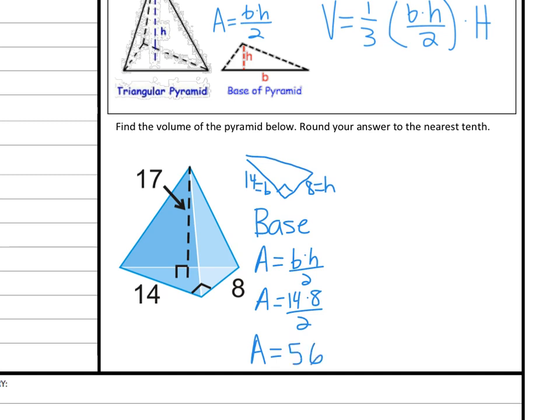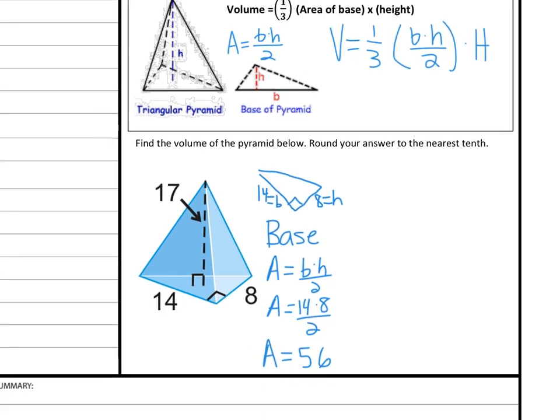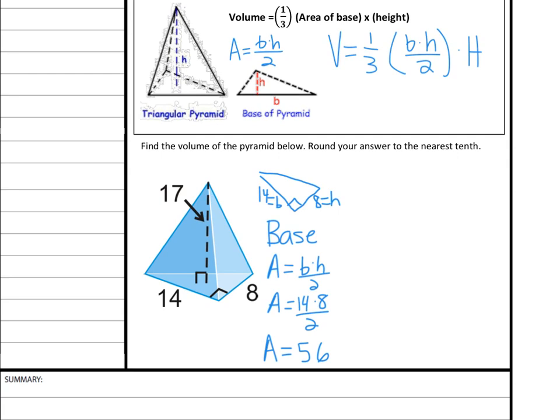So when I do my volume formula, I can put 56 in the area for the base spot. So let's write down that volume formula from just above. 1/3 the base times the height divided by 2, and then times the height of the pyramid, which is over here, 17, for how tall the pyramid is.